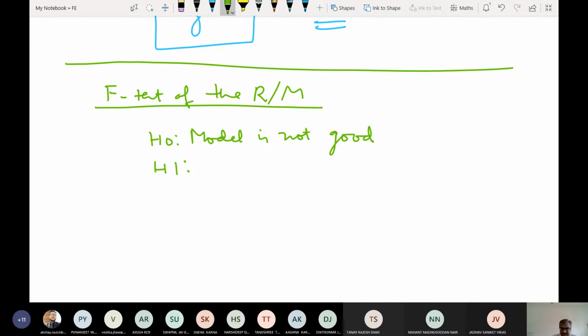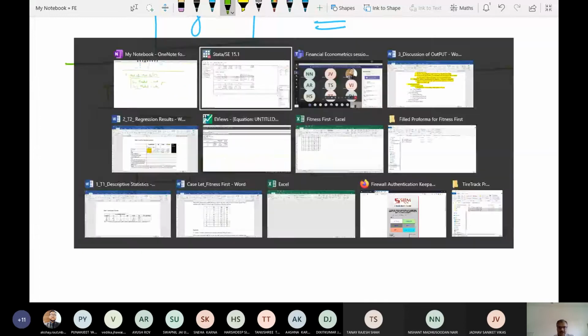I'm just writing it differently so that it can be easily understandable for you. But the logic remains the same. Null has to be of two types only: either no difference or no association. So this null comes in the category of no difference. The alternate is that the model is okay. So this is the pair of hypotheses which we have for the F-test of the regression model.